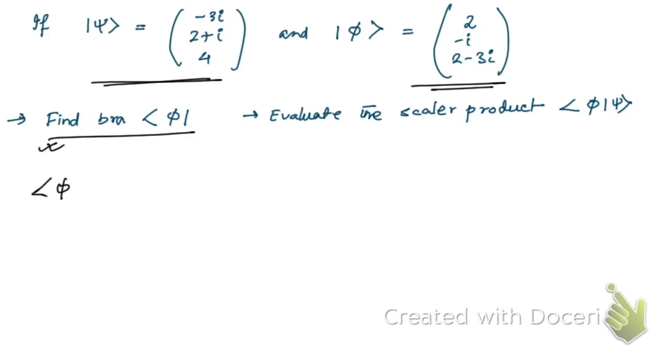So bra phi is nothing but the complex conjugate of ket phi. As it is in matrix form, we need to find the transpose of this ket vector phi, and then take the complex conjugate.